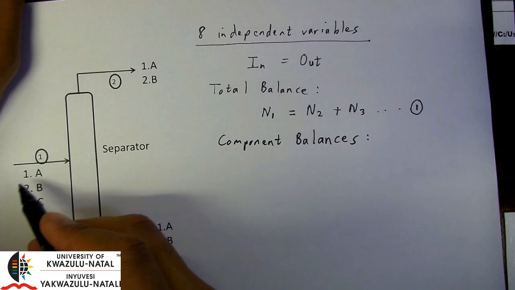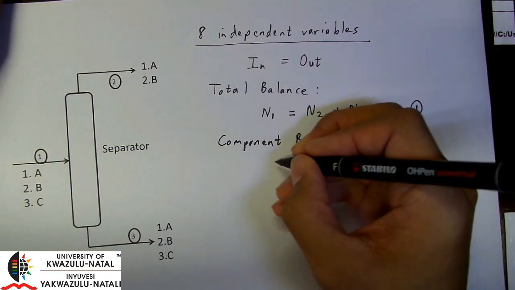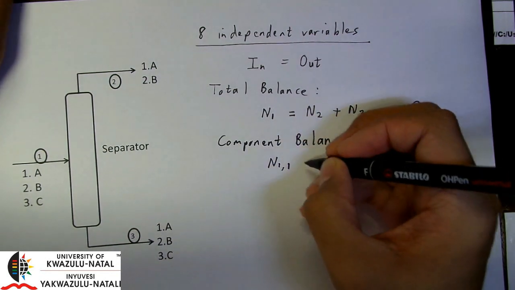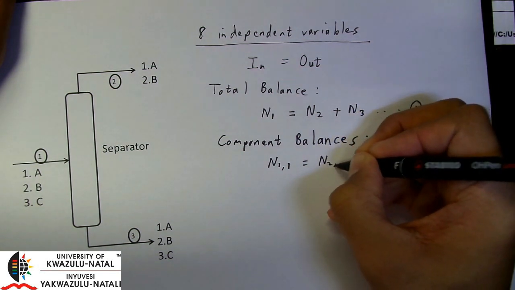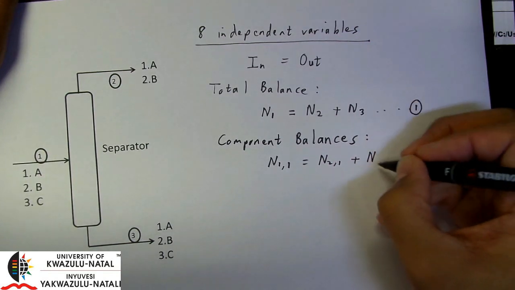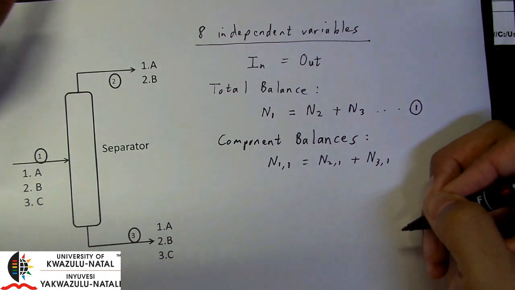Okay, and so in terms of component 1, 2, and 3, the flow rate of component 1 in stream 1 is equal to the flow rate of component 1 in stream 2 plus the flow rate of component 1 in stream 3.